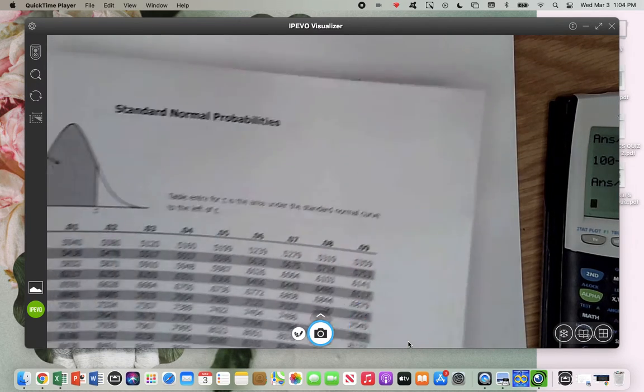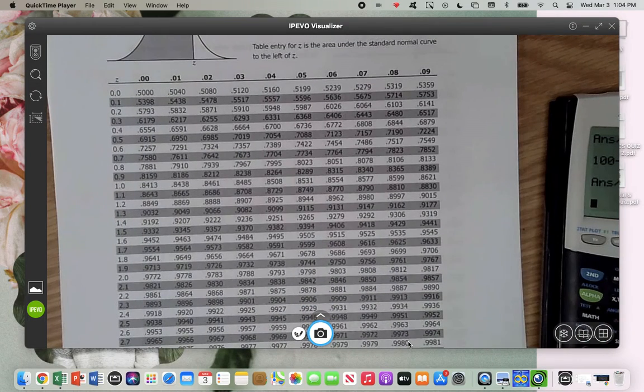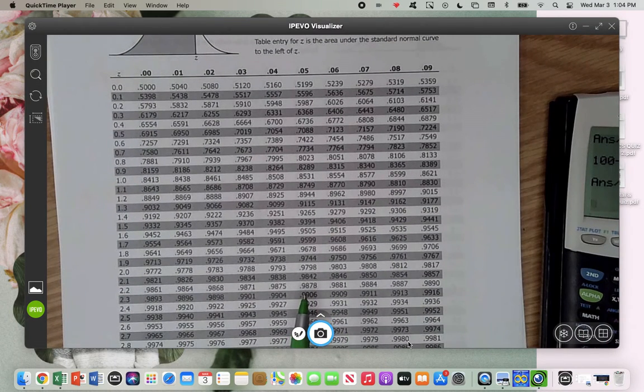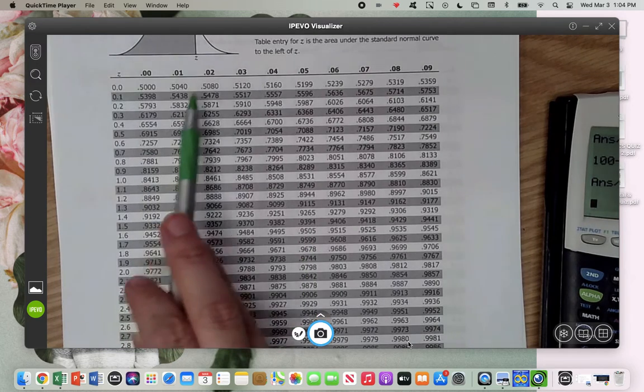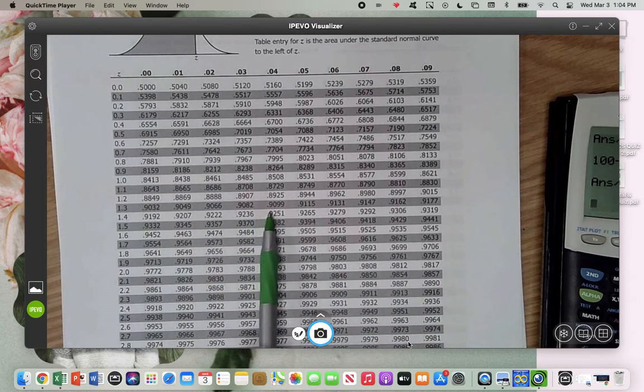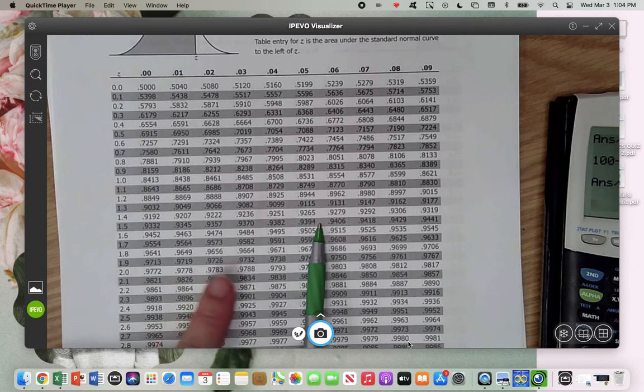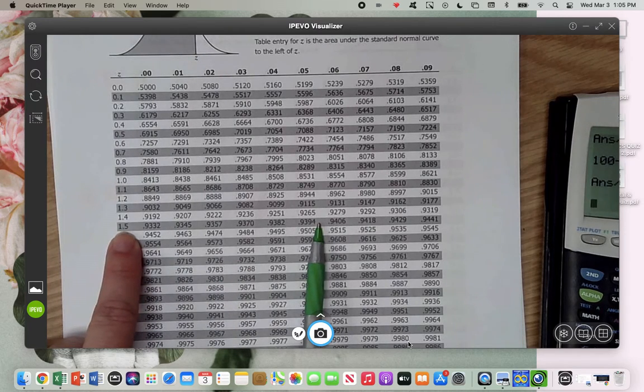A perfect 0.94, don't know if we can do it. Oh, let's see. 93, oh, 94. Okay, that's more than 94. This one's less than 94. We are right in the middle there. My z-score is a 1.5, and it's in between 5 and 6.